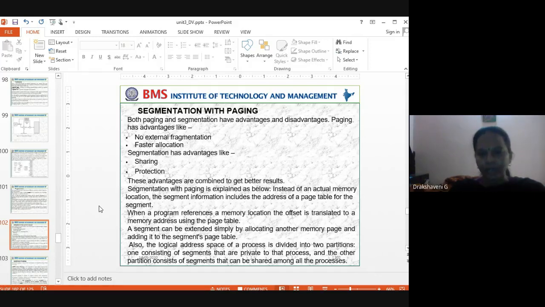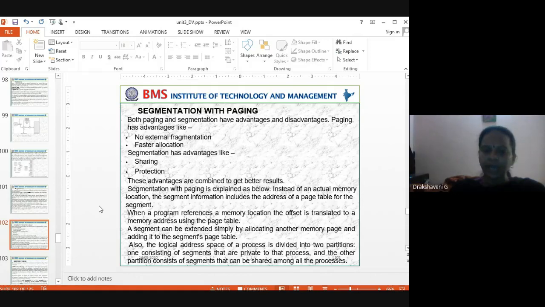Instead of an actual memory allocation, the segmentation information includes the address of a page table for the segment. When a program references a memory location, the offset is translated to a memory address using the page table.